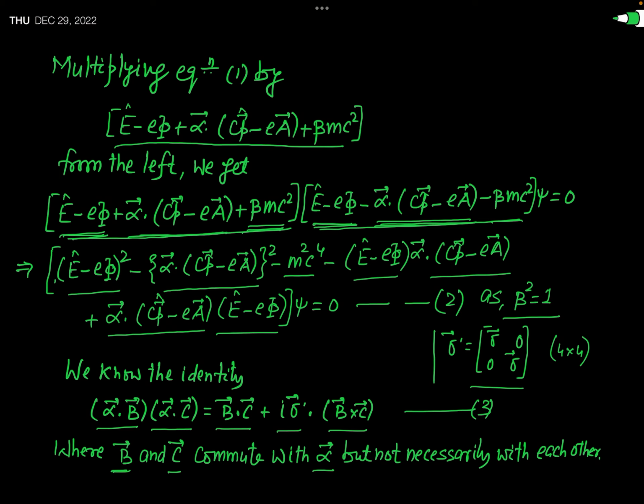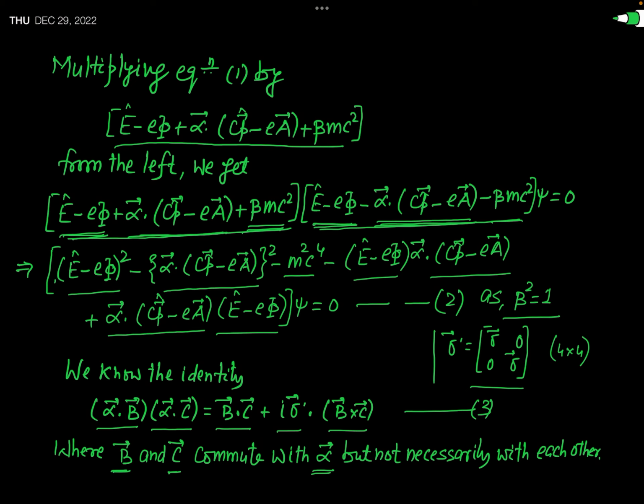But the commutator of b and c may or may not be 0. So it is not necessary that b and c commute with each other, but definitely these vectors b and c commute with α, where α is the Dirac matrix. Okay.